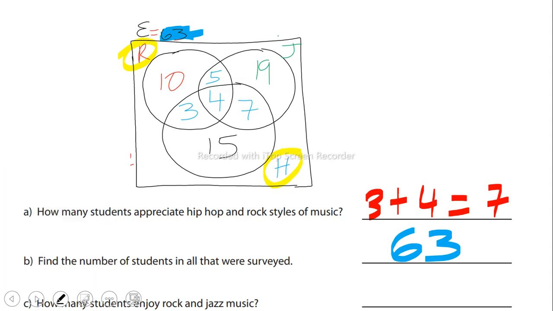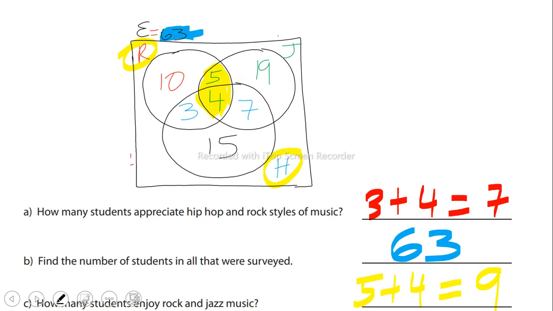Yeah, they just want the intersection. Notice they didn't say rock and jazz only. They just say rock and jazz. So they want the intersection right there. So it's going to be 5 plus 4, which is 9. Okay.